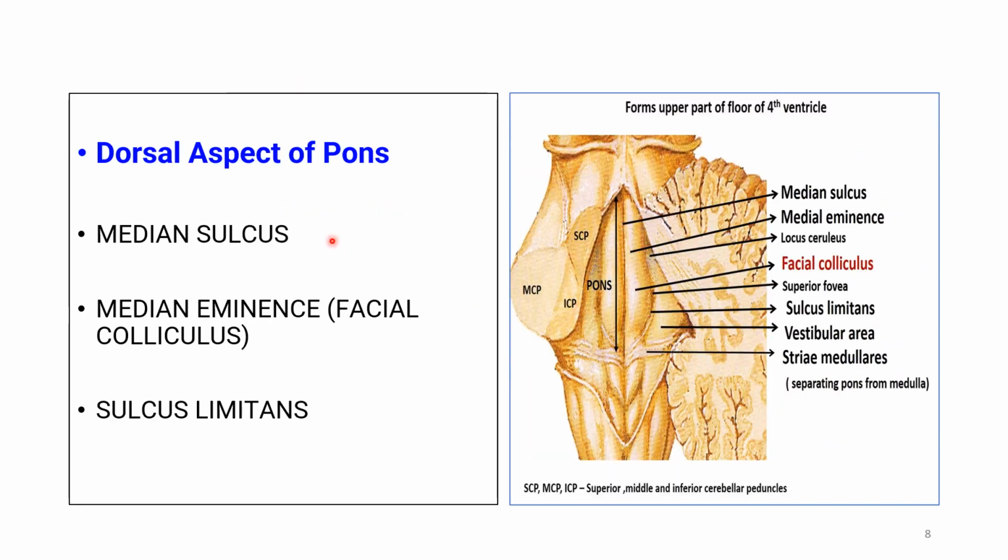Then comes the dorsal aspect of the pons. You can see the median sulcus and median eminence, which is also called the facial colliculus. So in the median eminence you can have the facial colliculus and the sulcus limitans.